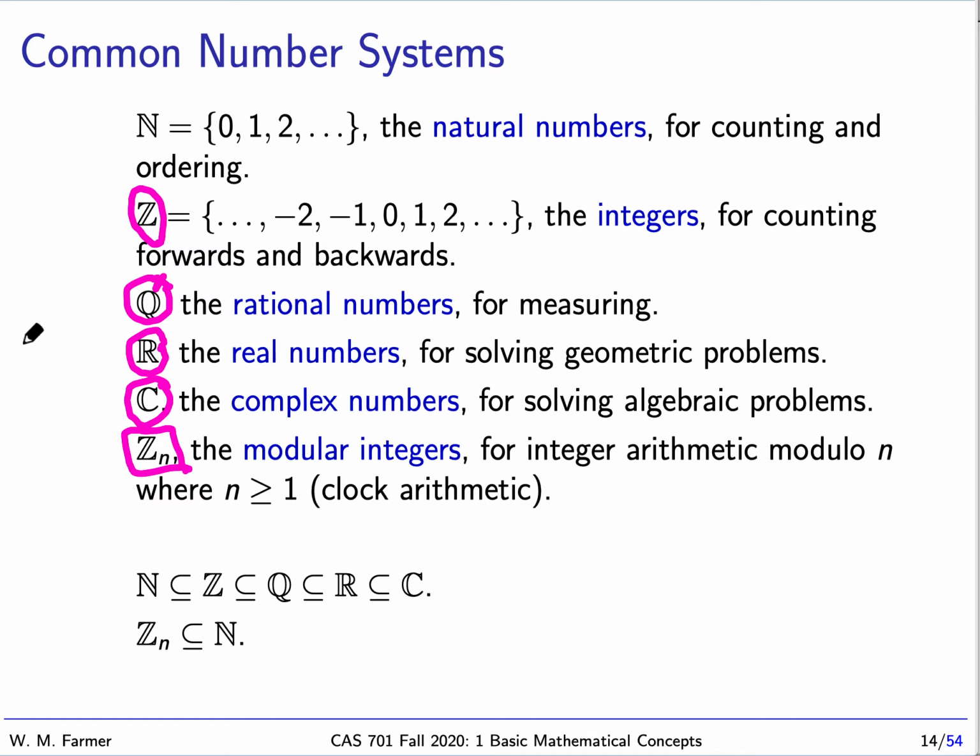So let me try to describe how clock arithmetic works in case you don't know. So let's say I have Z5. So Z5, I'm going to have 5 numbers, and I'm going to use the numerals 0, 1, 2, 3, and 4.